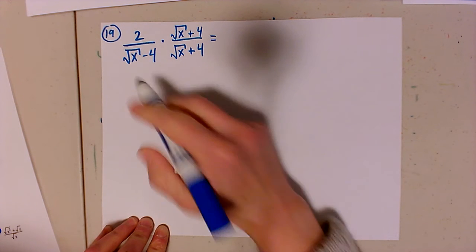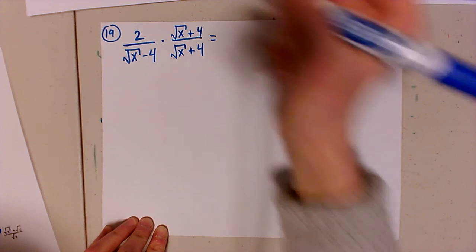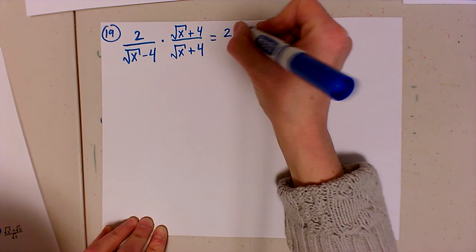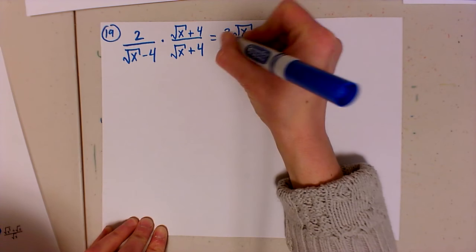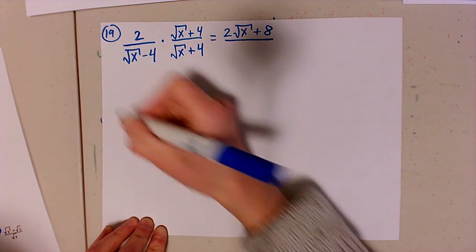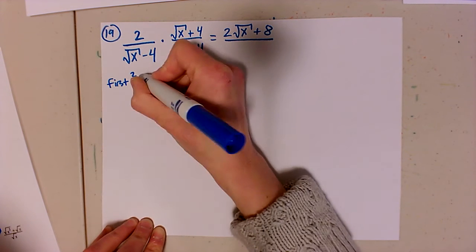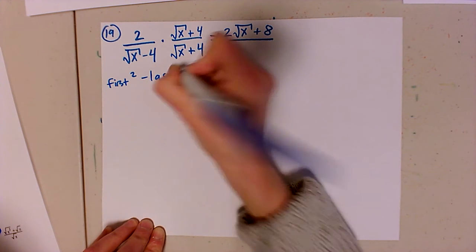So up top, this is an easy one because we can just take this 2 and distribute that across root x plus 4. So that'll give us 2 root x plus 8. And then down below, the shortcut that we can use whenever we multiply conjugates is first squared minus last squared.